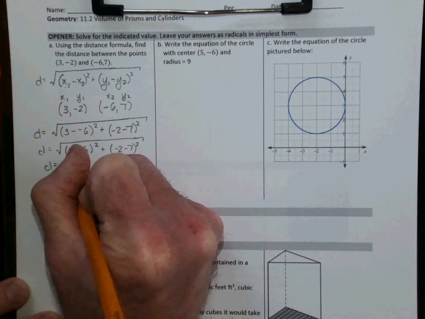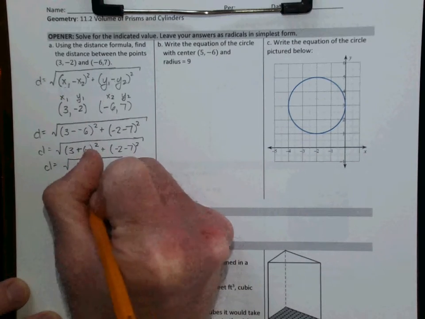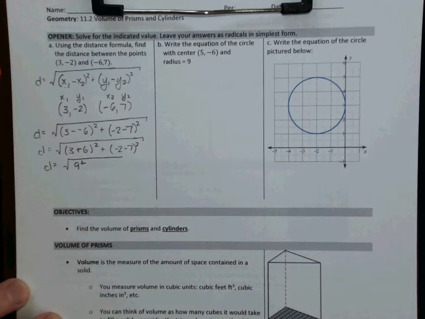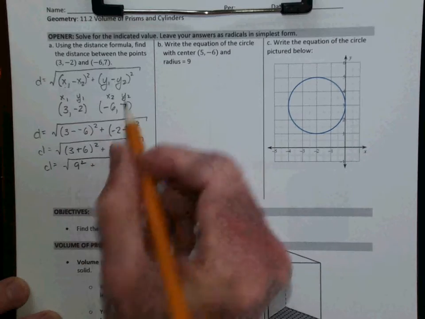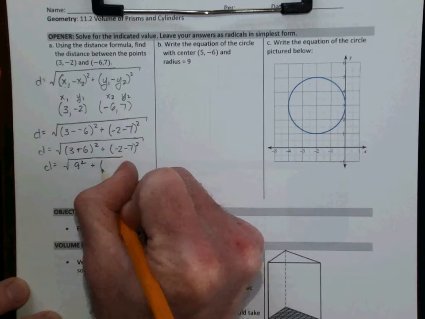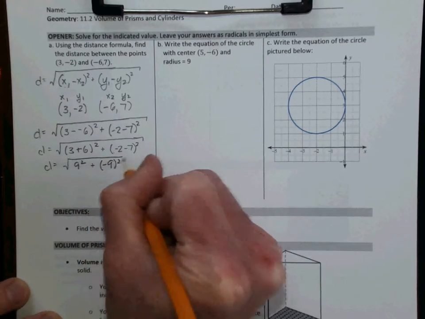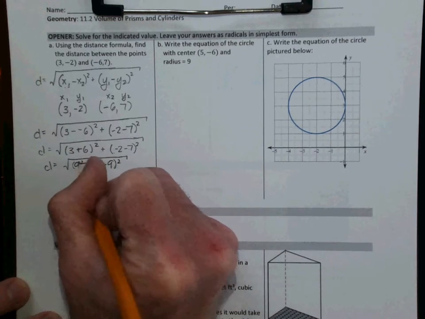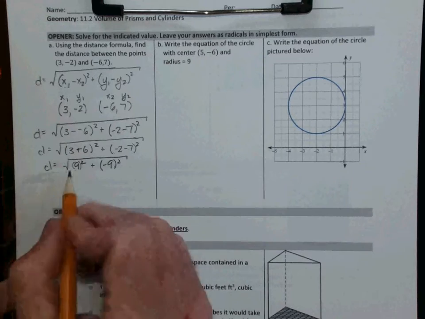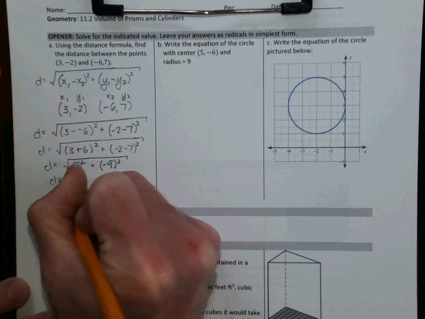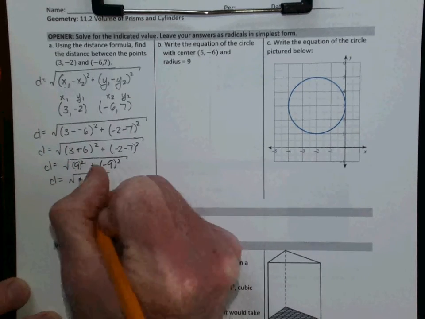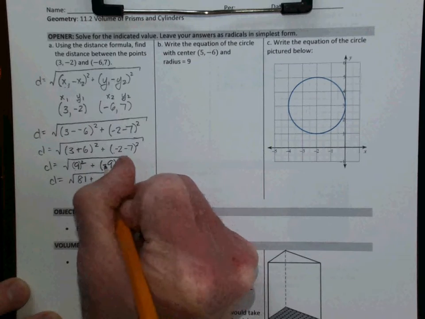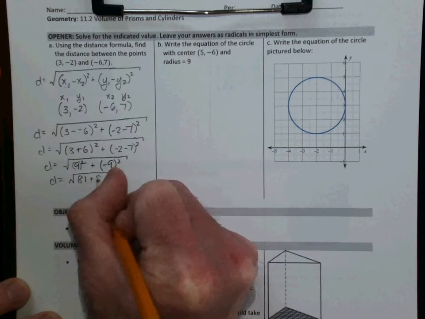Distance equals the square root of 3 plus 6 is 9 squared, plus -2 minus 7 is -9 squared. You can put this first 9 in parentheses if you want to keep it in. Now we're going to square. Distance equals the square root of 81 plus (-9) squared, which is also 81.